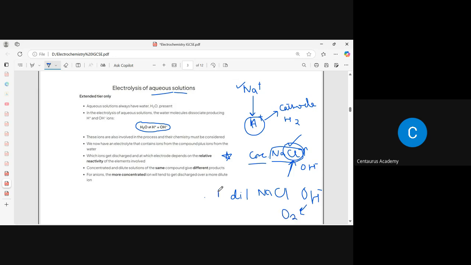So for dilute halides in aqueous solutions, oxygen gas has to be produced, whereas the solution must be a concentrated halide for the halogen to be deposited onto the anode specifically.